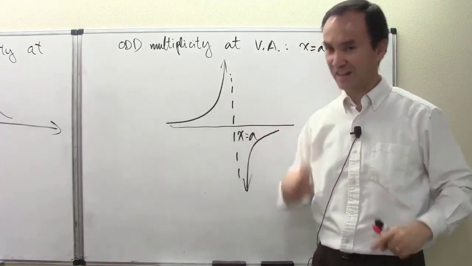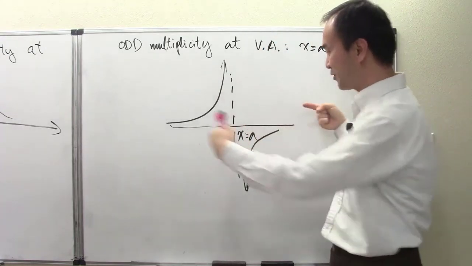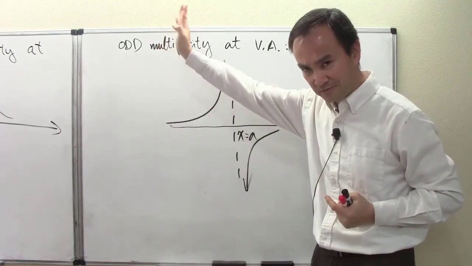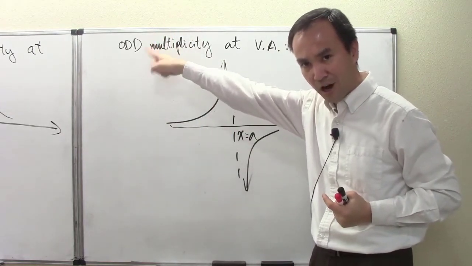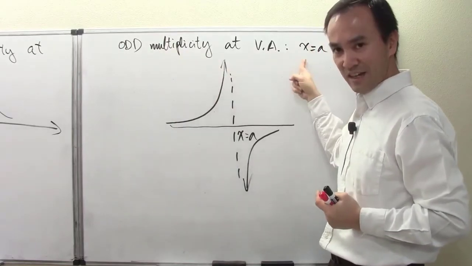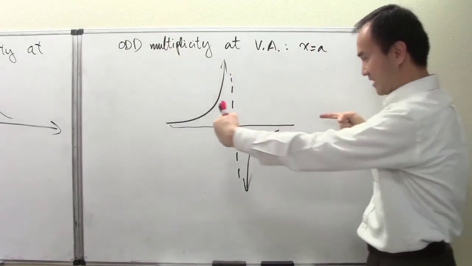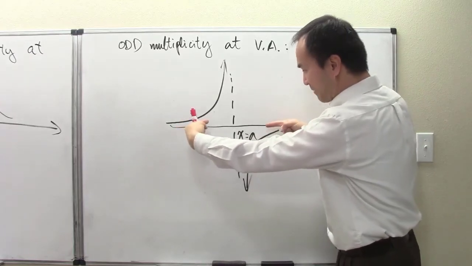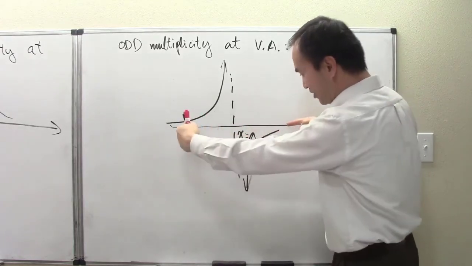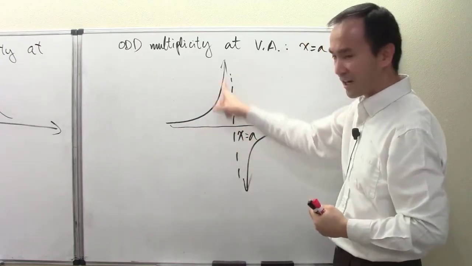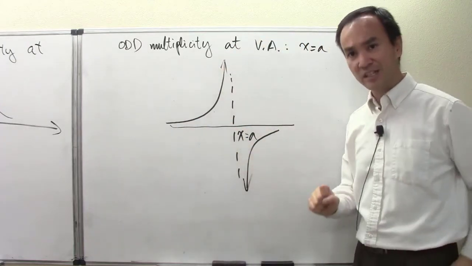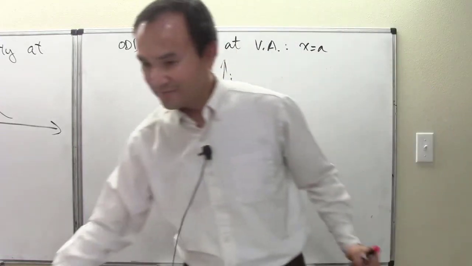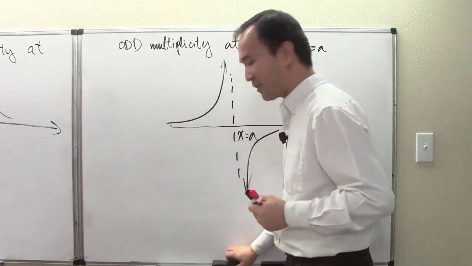I should have mentioned that earlier as well: anytime our vertical asymptote has an odd multiplicity, then as the two pieces of the graph on the two sides of the vertical asymptote get close to it, one side points up, the other side points in the opposite direction. In that way, we are able to put that into a generalization for now.